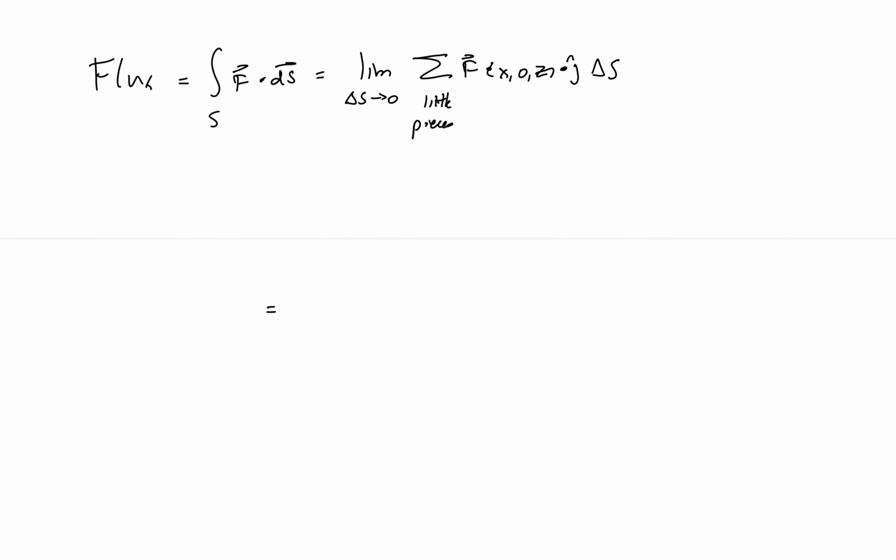And we can rewrite this because of how our delta S is defined, as delta x and delta z go to 0, over the sum over all the little pieces of 1 over x delta z when we carried out that computation.